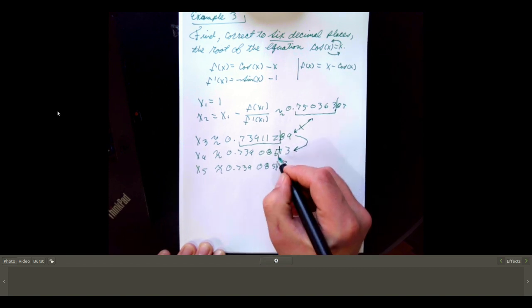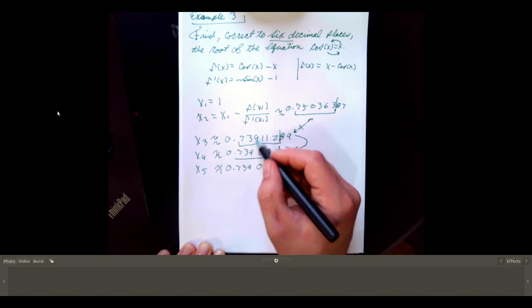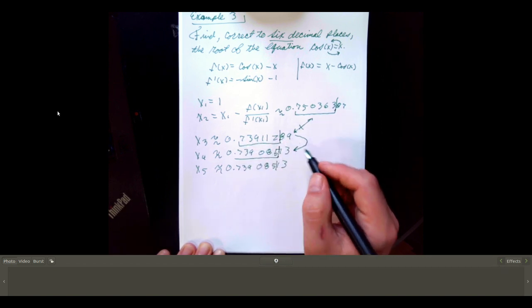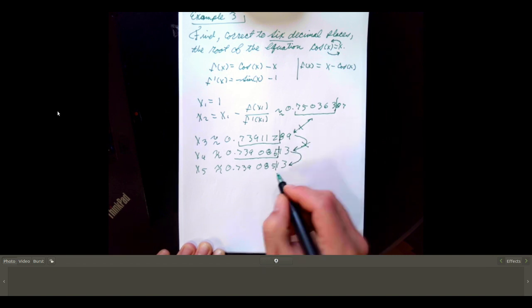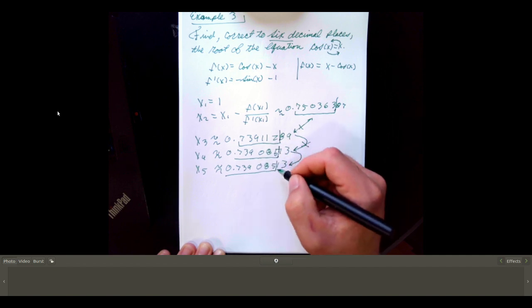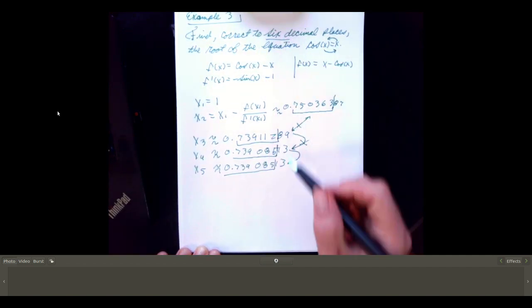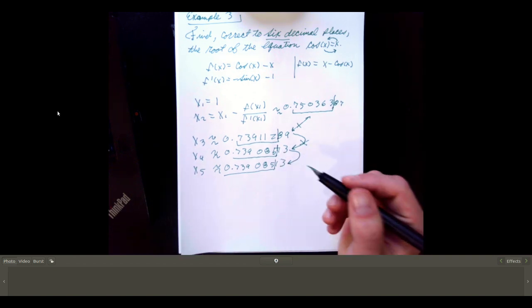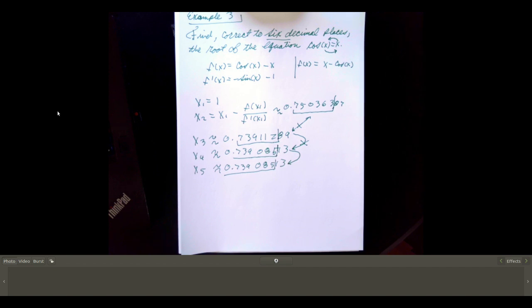After you turn the crank, you compare the first 6. They match, they match, they match, they're different. As soon as they're different, you know that one didn't work, and you turn the crank again. And you compare the first 6: match, match, match, match, match, match. Also in this problem, it happened that we're actually correct out to 8 decimal places, but we just needed to compare the first 6.